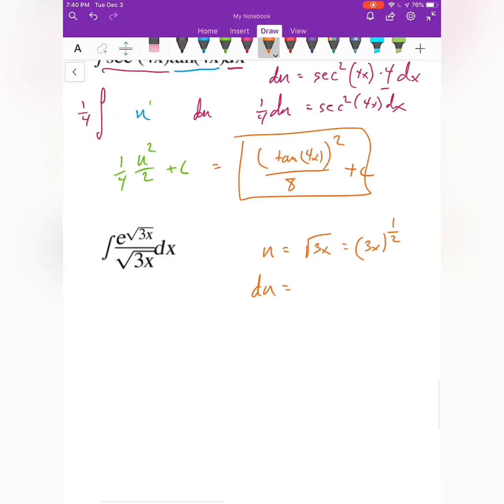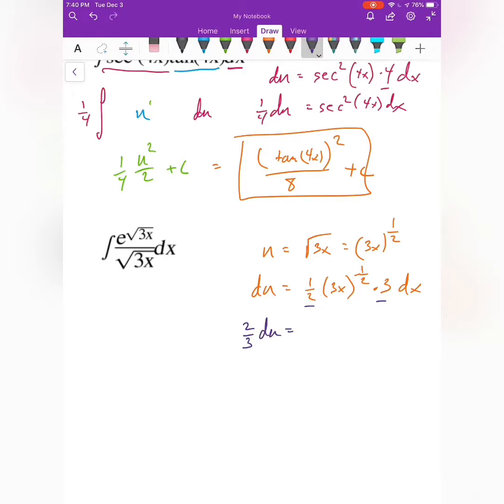I'm going to rewrite it, and its derivative is a chain rule, by the way. So derivative of the outside and leave the inside is what I've done, times the derivative of the inside there, right? We don't have this extra 3/2, so I'm going to multiply by the reciprocal over the other side.